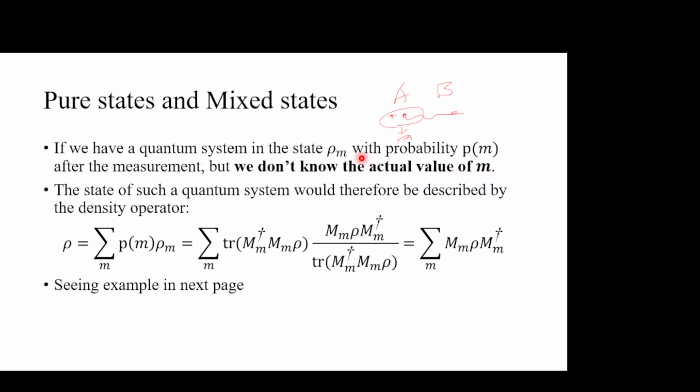So this measurement already changed the state to some probability mixture. Bob knows that Alice did some measurement, but on Bob's side he doesn't know the measurement outcome because Alice hasn't told him. Then Bob can describe this system as a probability mixture of post-measurement states.